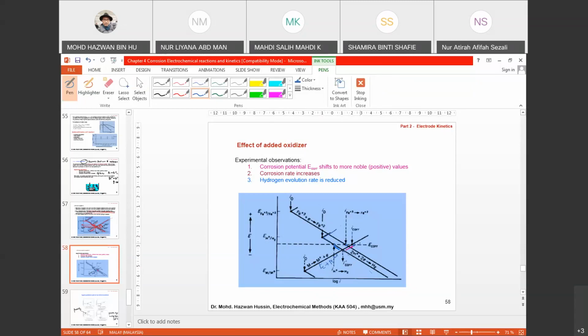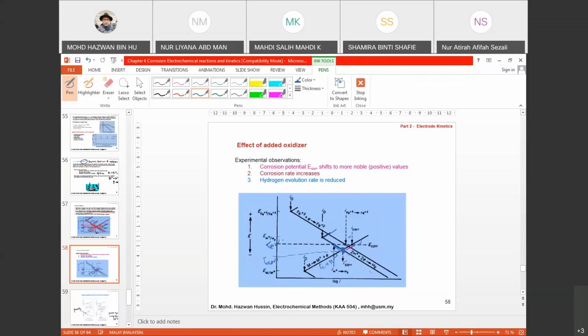This is from Fe2+, this is from Fe3+, and this is for your hydrogen reduction. So this is where you have three points all together. The new E-corr is basically here, with the addition of oxidizer. If there is no oxidizer, then your E-corr should be somewhere here, because this is the intersection line.